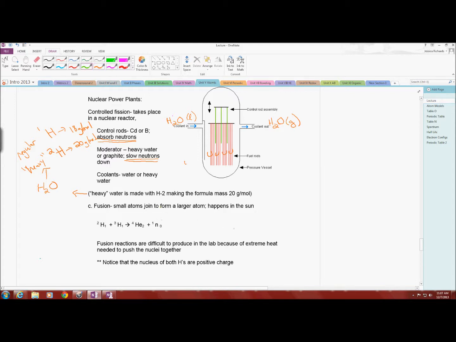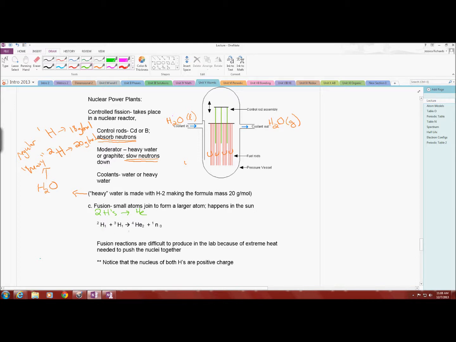What currently looks more promising as an alternate power source that would have fewer problems is fusion. So fusion is the 4th type of nuclear reaction you need to memorize, and that's 2 small atoms being joined together. This is what's happening in the sun. It is typically 2 hydrogens producing a helium. When they talk about fusion, this is what you're looking for.